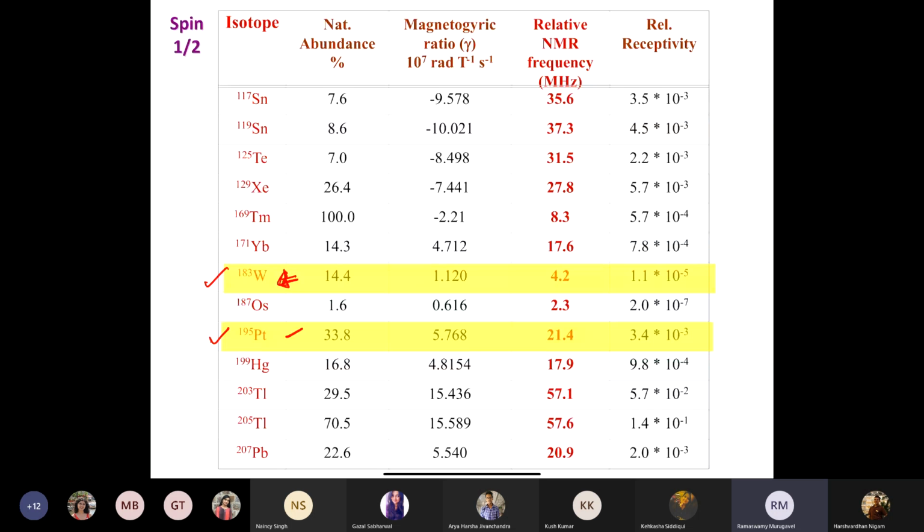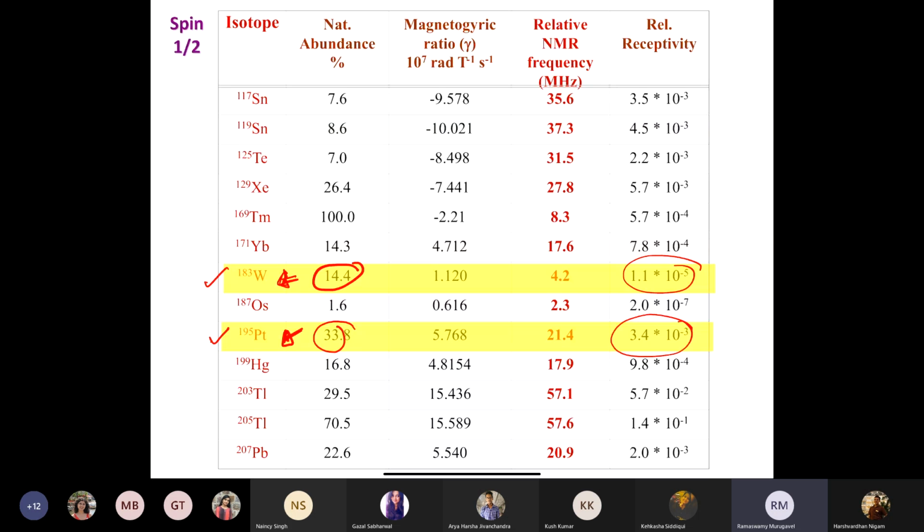Same way, there are lots of platinum-based molecules in biology as well as in material science and catalysis, like cisplatin and platinum-based carbonyl compounds and so on and so forth. These are of high interest. They have fairly good abundance and not so very bad receptivities. So these are the nuclei which keep coming again and again when you talk about structural elucidation using NMR spectroscopy for inorganic compounds.